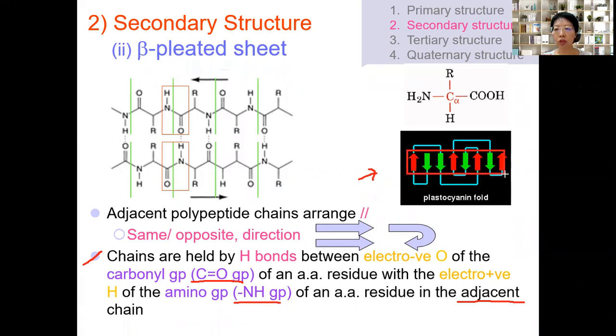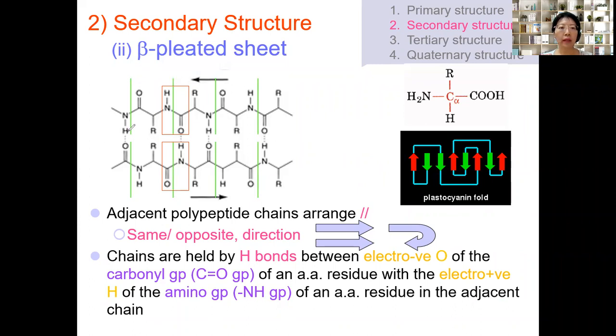So this part here of the chain is called the beta-pleated sheet, right? So therefore, when you draw the chain of the beta-pleated sheet, it will look like this, okay? Like you take a piece of cloth and then you fold it this way. And this structure will remain always like this because the neighboring chains are already held together by extensive hydrogen bonds.